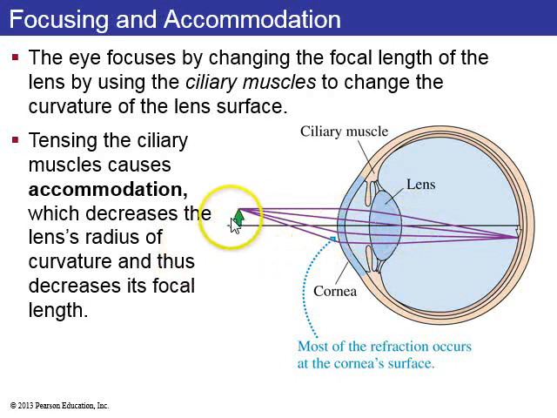So that allows objects at a particular distance to have their image focused right on the retina. So it's only going to look focused to our eyes if the image happens to land right on the retina. And the ciliary muscles in our eye automatically adjust the shape of the lens to make that happen.